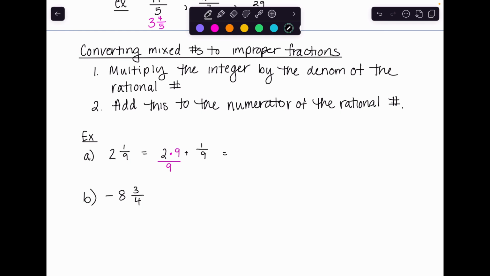So 2 can really be written as 18/9, and then we go ahead and we add 1/9. And the way we add fractions is we just add the numerators, and the denominator, absolutely nothing happens to it. So really, this is going to be 19/9 as an improper fraction. Okay.